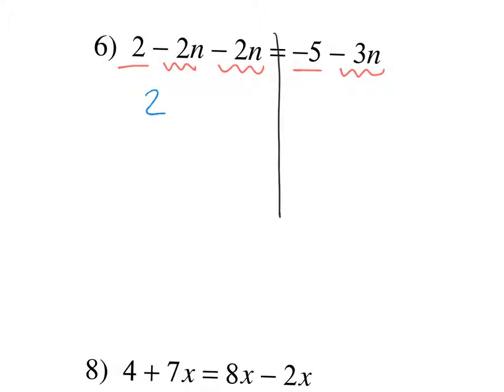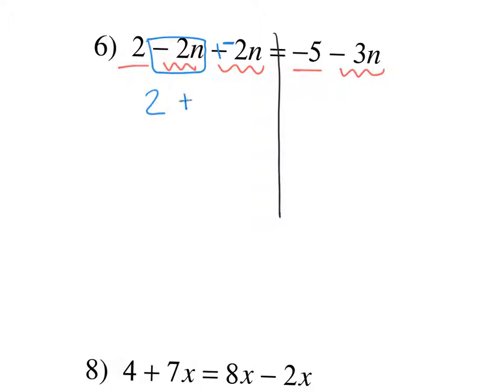And then I have -2n minus 2 more n's. Remember, you keep the sign with it that's in front of it. So this is technically a keep, change because it's subtraction. I have -2n. I'm going to keep that. I'm going to change my minus to addition, and then I change my 2n to -2n. -2n plus -2n is -4n.